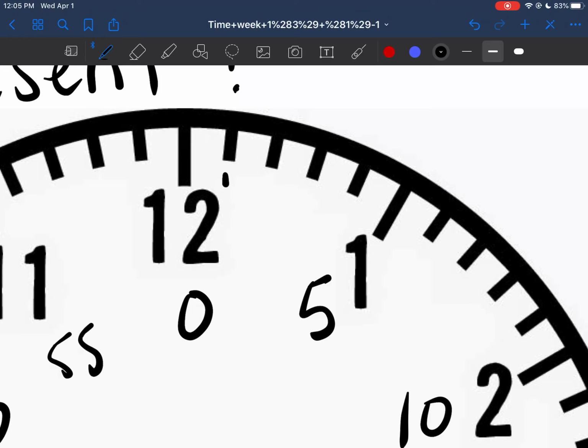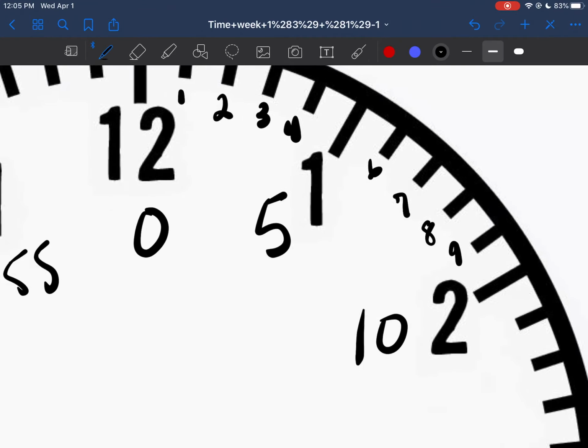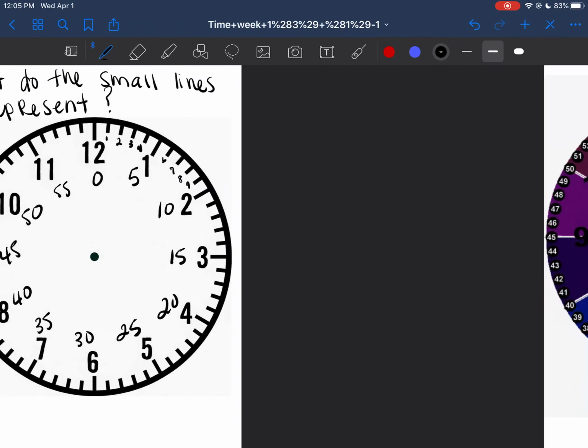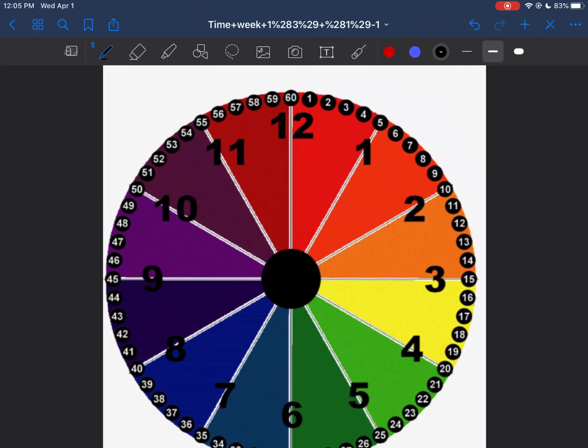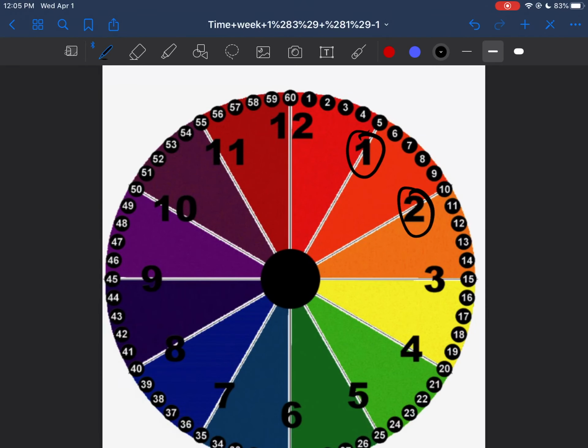So 1, 2, 3, 4, 5, 6, 7, 8, 9, 10. I'm going to pull up this clock right here instead of labeling them all the way. But notice how when you're reaching your 1, 2, 3, you're counting by 5s. You've reached that 5 mark.